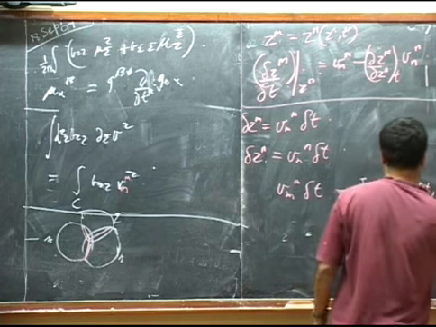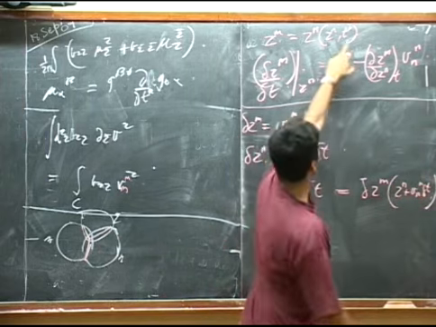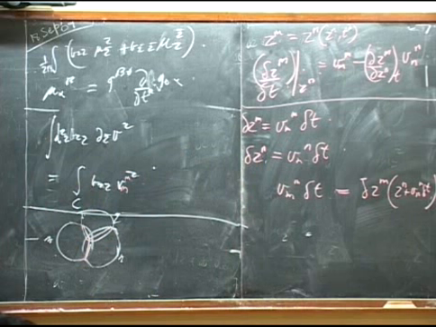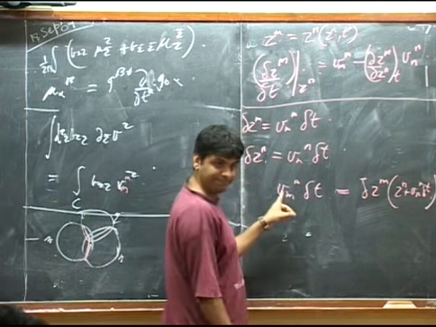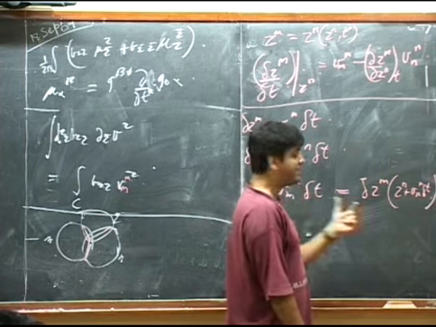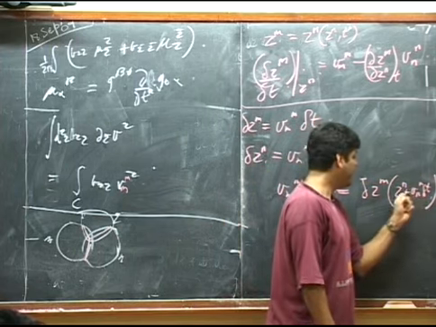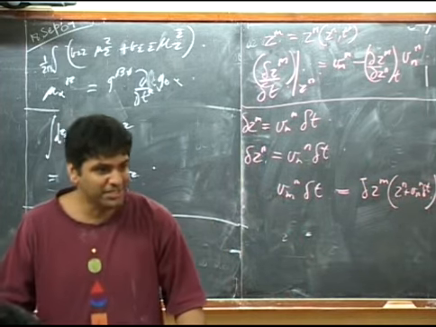Let's suppress this. I'm suppressing the t effects. Everything is now delta t. Is this clear? So the change in Zm is this much, but that is the change in the function, not at Zn, but at Zn plus Vn delta t, because the argument inside the function has also changed.